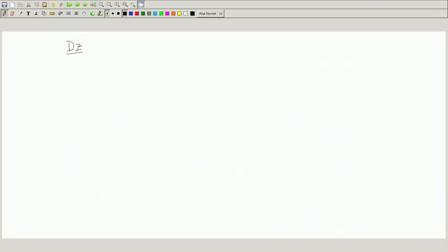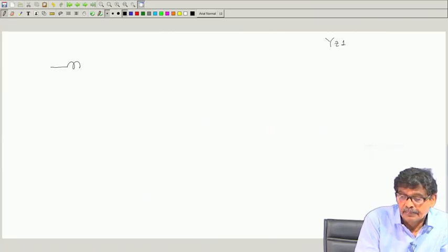And the dot polarity of this one, we discussed about YZ1 for example. Let me tell that once again, so that you also have practice. Suppose I want to do YZ1, what should I do?